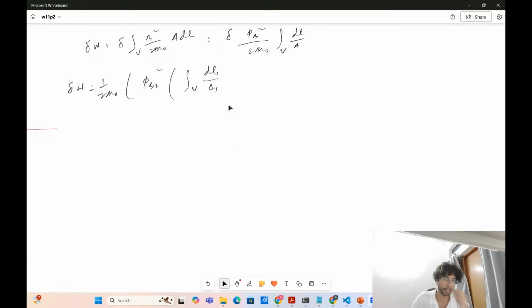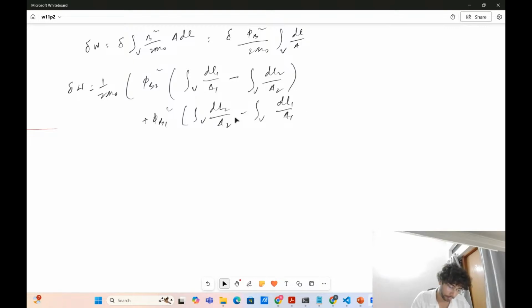So this is the final energy minus the initial energy. And similarly for the final energy and initial energy of the other region, this phi B1 flux has now gone into the 2 region, right? So this will be the final energy, and the initial energy was when it was in the 1 region.